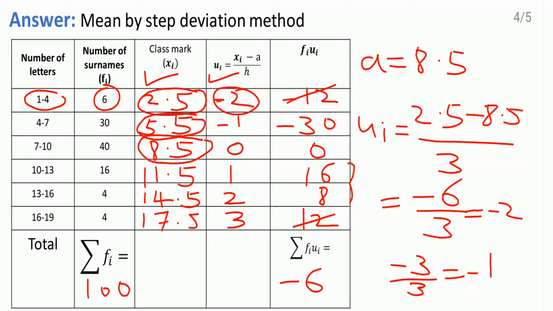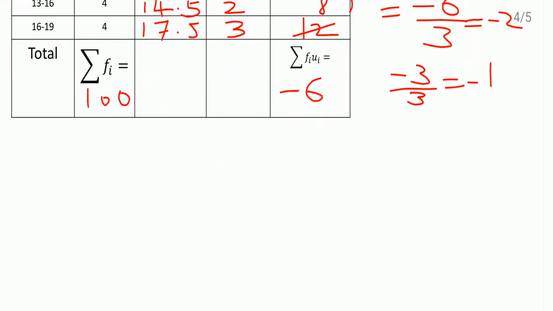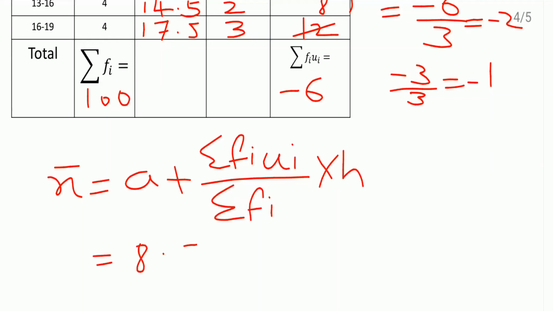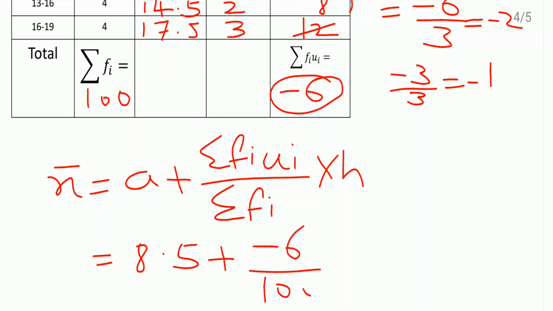We will write down the formula for mean. So here x bar is equal to A plus sigma fiUi divided by sigma fi, into h. Here A, the assumed mean, is 8.5, plus sigma fiUi, which means this value minus 6, divided by 100, into h.